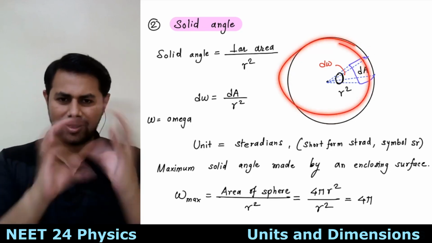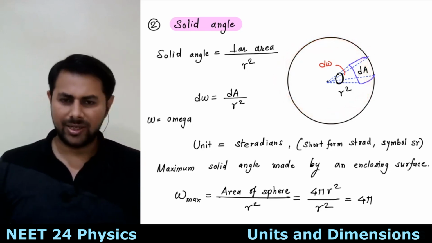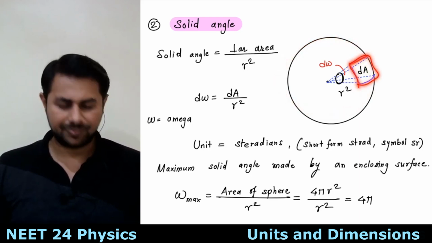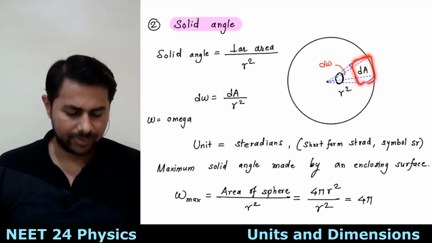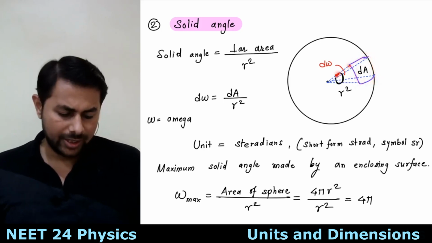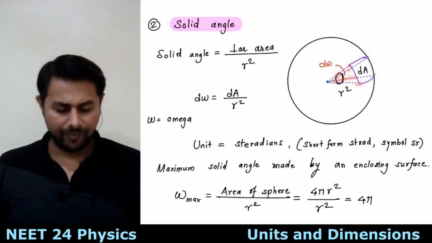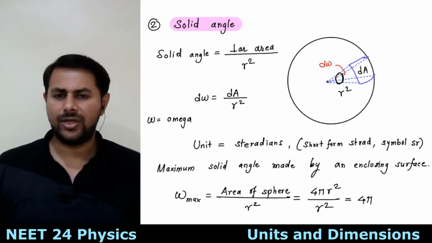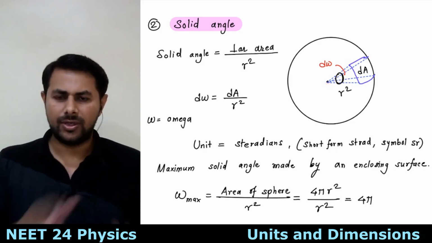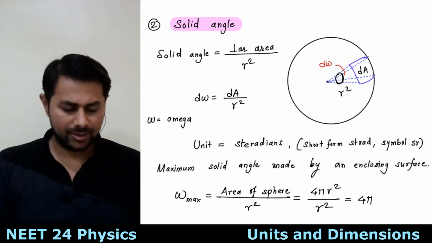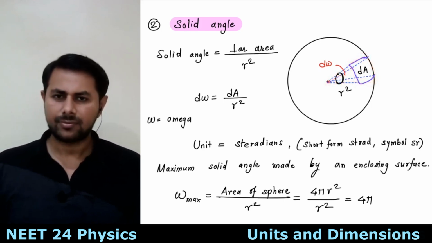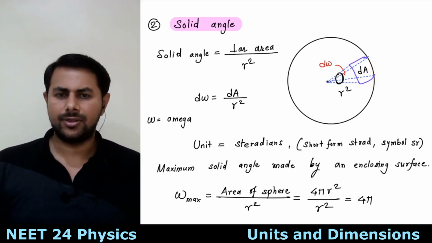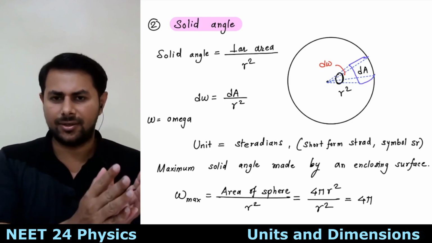So here you take some area, small area, large area, any area on the sphere, and you join each and every boundary point of that area to the center. You get a cone, and that thing is known as the solid angle.